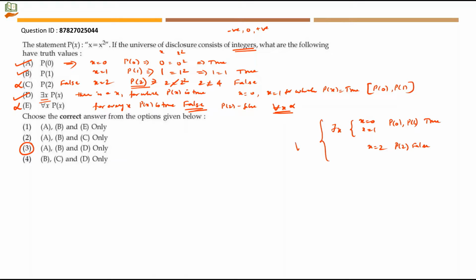But when they say for all x, you don't have truth value for everything, which makes this false. Just go with some negative number. Minus 1 is equal to minus 1 the whole square, which means that minus 1 is not equal to plus 1. So not all x is going to give you the truth value. So in that case, we are marking E to be false.